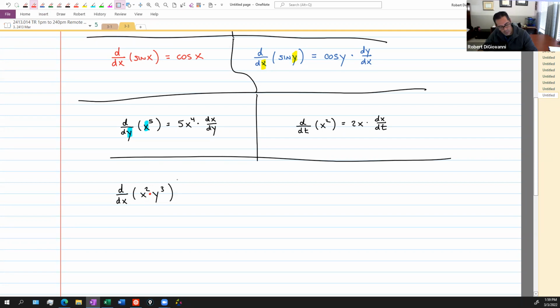Guess what? That means you have to use the product rule. When you take this derivative, you're going to have to take the derivative with respect to x of the first one times the second one plus the derivative with respect to x of the second one times the first one. Do y'all see that product rule?